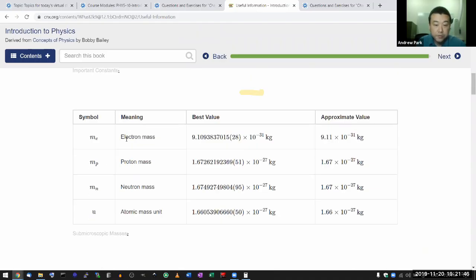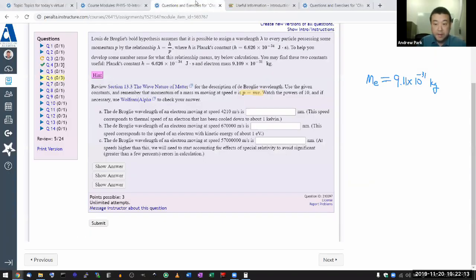I'm going to need it in SI units, 9.11 times 10 to the minus 31 kilograms. So let me write that down. Electron mass is equal to 9.11 times 10 to the minus 31 kilograms. And I think that might be it.